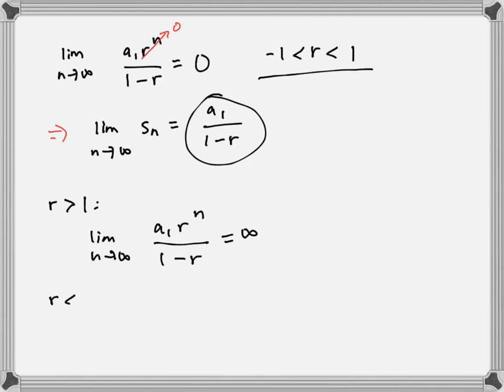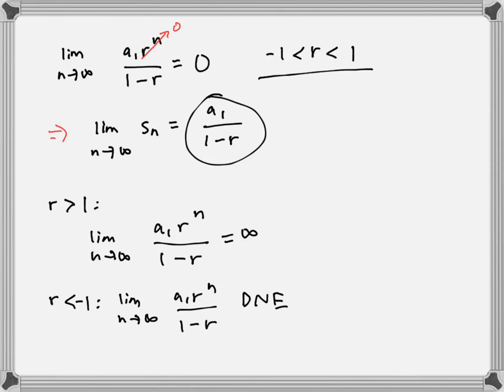And if r is less than -1, which is the last case, what happens here? Same idea. Not only does the number get larger and larger, but depending on n, it may be a positive infinity or a negative infinity. In other words, this limit does not exist.